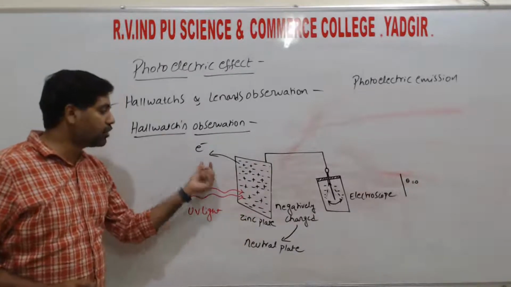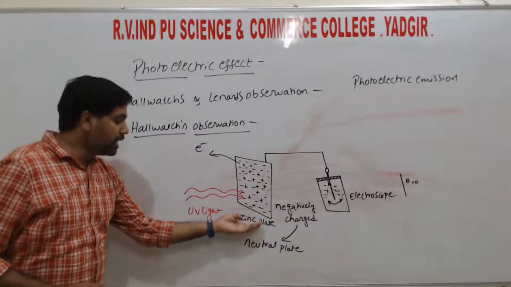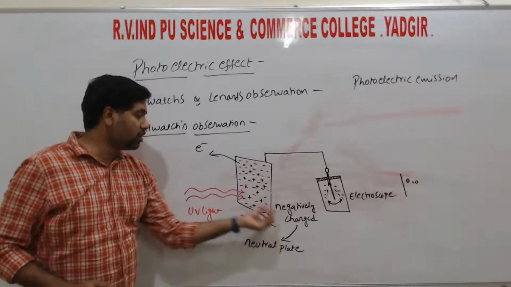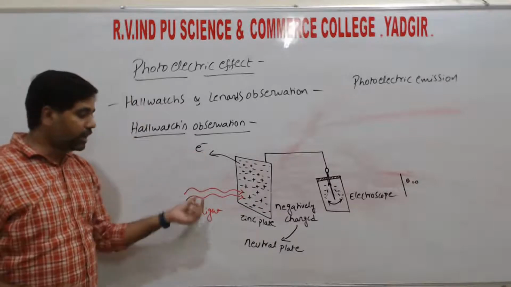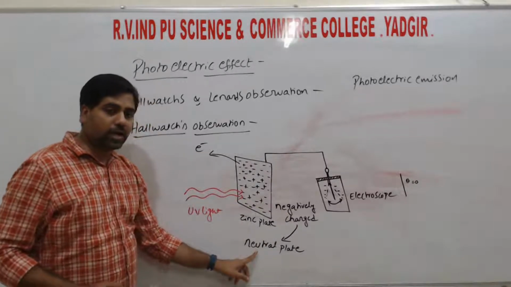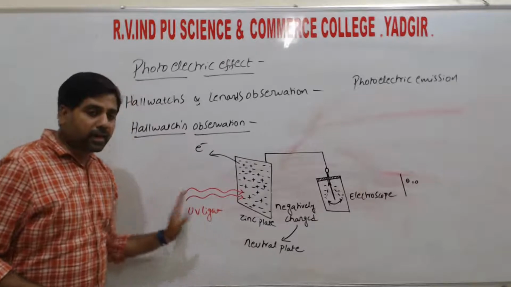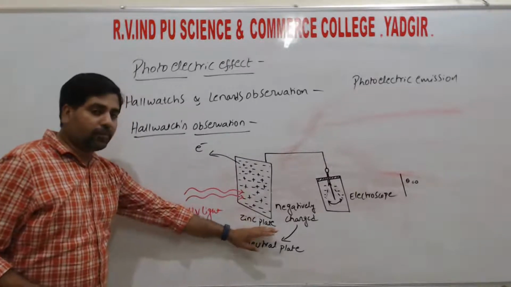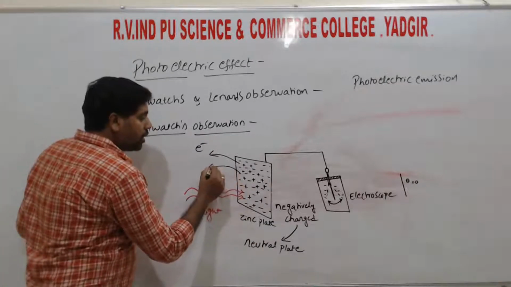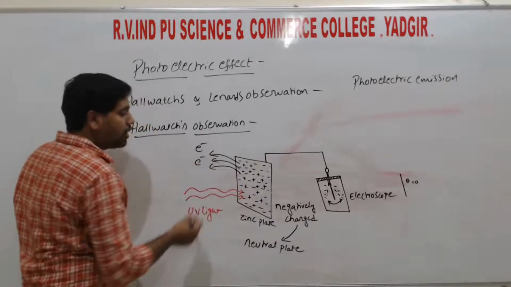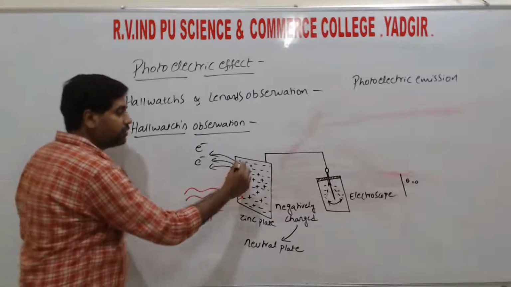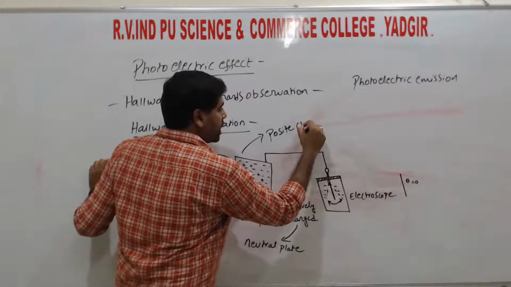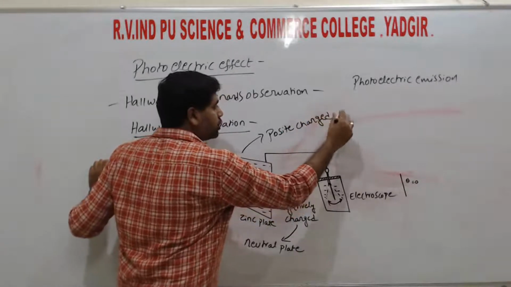He observed that the electrons are emitting from this zinc plate, and finally all the negatively charged electrons are emitted. Then this plate becomes a neutral plate. Further, he made the ultraviolet light incident on this zinc plate, so the remaining electrons are emitted, and finally this zinc plate has only positive charges.